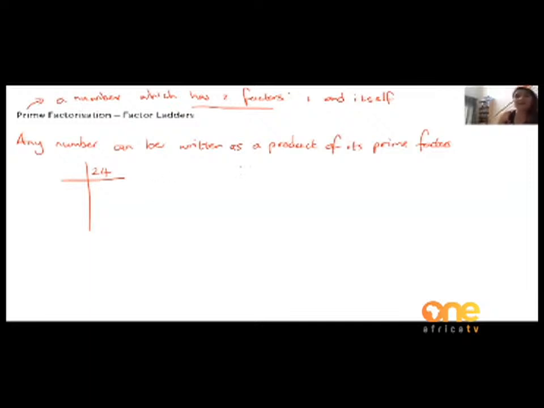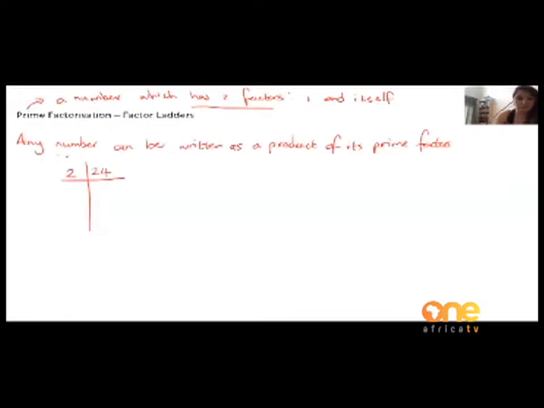And so if I divide 24 by 2, and I put my primes over here. Okay. If I divide 24 by 2, I'm going to get 12. And then I look at 12 and I say, okay, well, what's the first prime number that can go into 12? Well, it's also 2. Okay, and if I divide 12 by 2, I get 6.